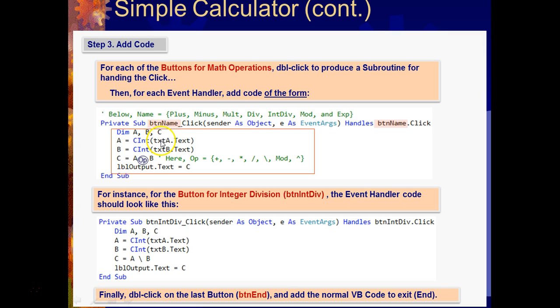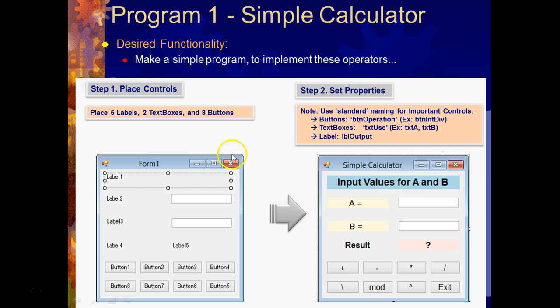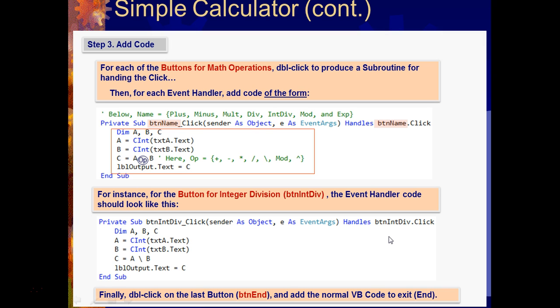You could try it with 3.8 and 5.7, but then also try A equals Tom and B equals Mary and see what happens. It probably will get an error when the user runs the program, not when we compile it. That's when we'll get the error.